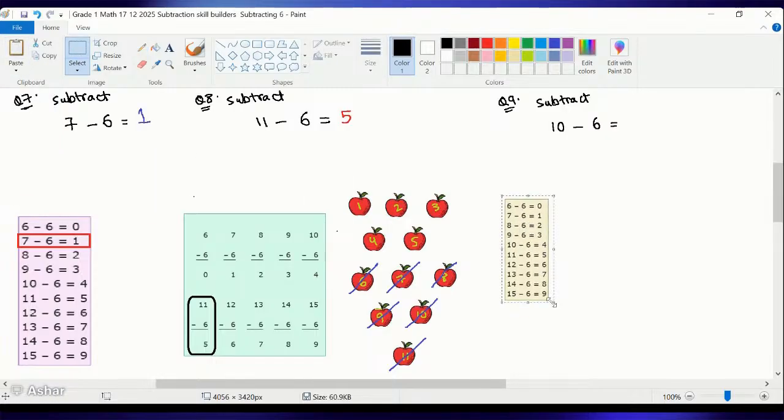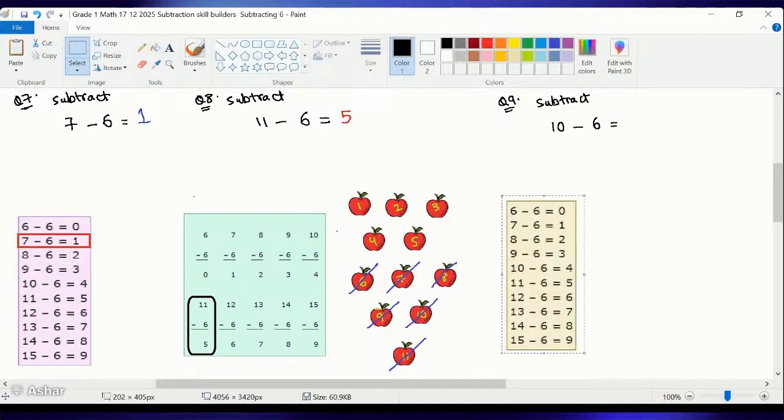If we close six fingers, that means we close one, two, three, four, five on one hand, and on the other hand, we close one finger. So how many fingers are still open? One, two, three, four are open. Similarly, if 10 minus 6, we will still have 4 left, right?